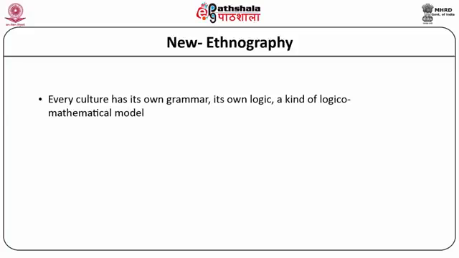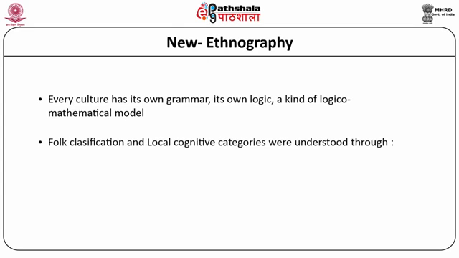This is possible only by understanding the folk classifications, the classification people make about things around them, about relationships around them, about the natural objects like land, climate, seasons, animals. How do they classify, and what are the terminologies they have come up with to explain these kinds of differences?